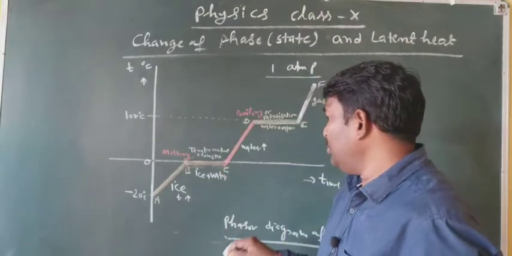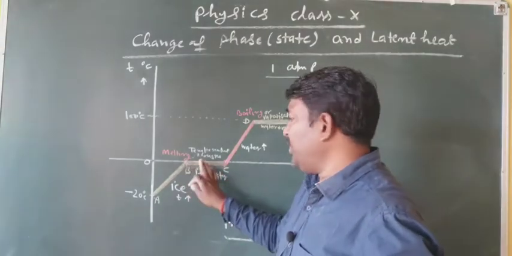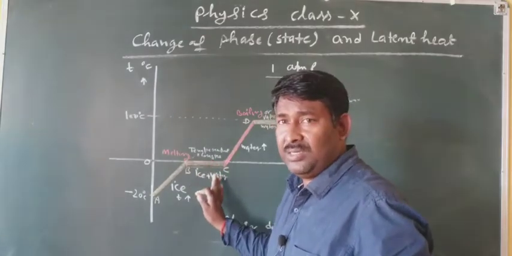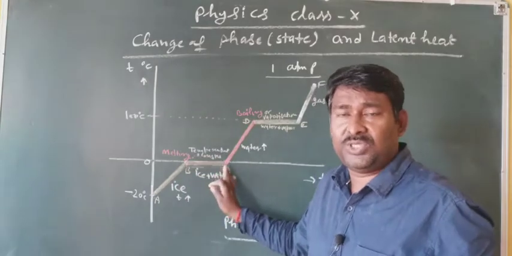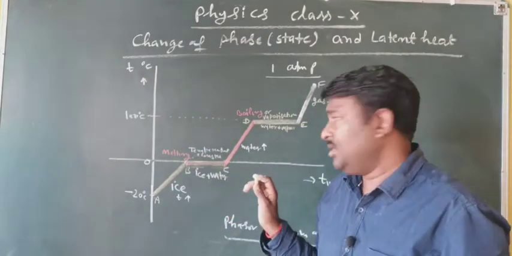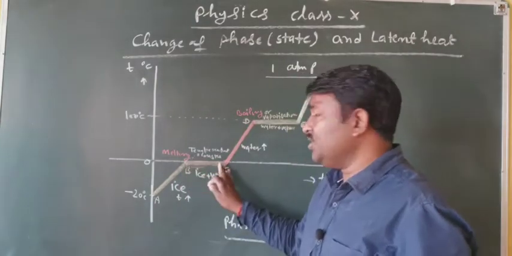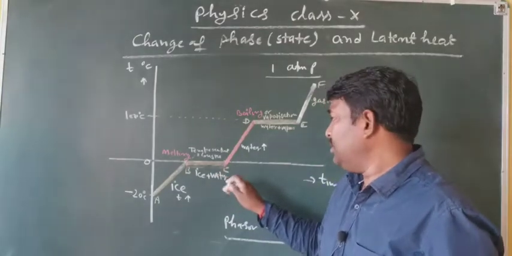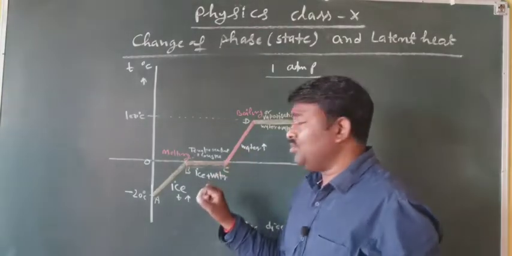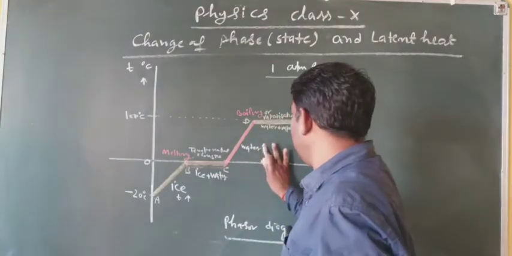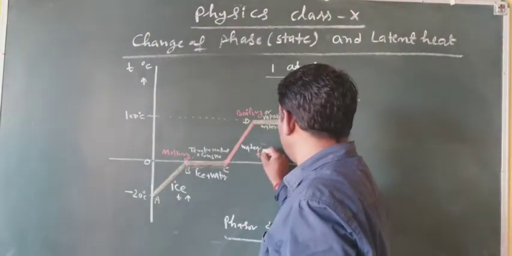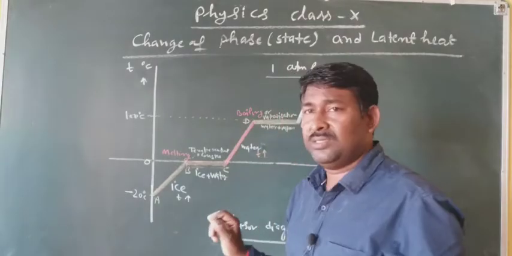So when total 0 degree ice converts into 0 degree water, then due to further continuous supply of heat, the temperature of this water increases.